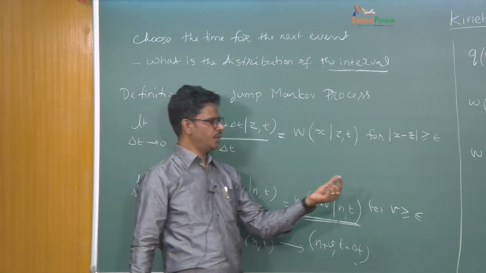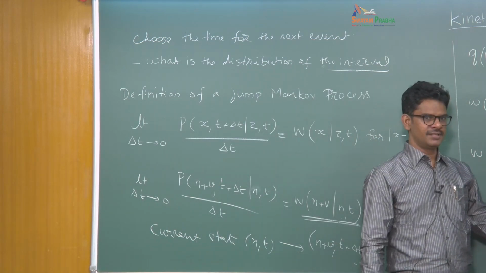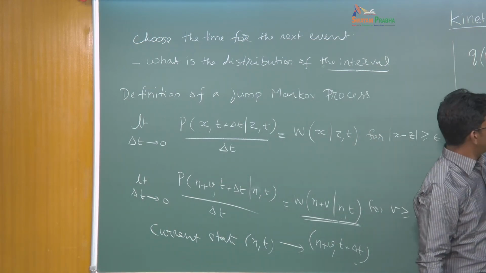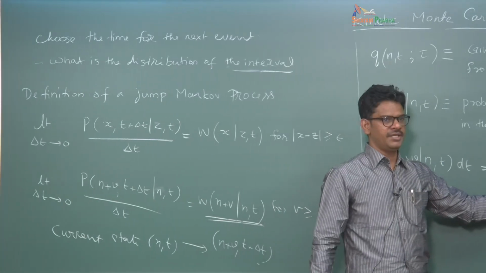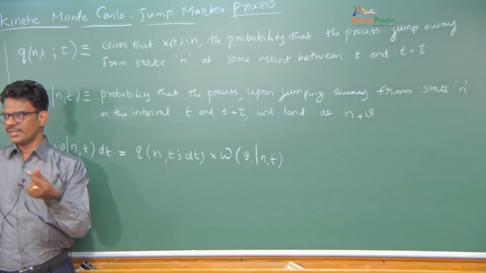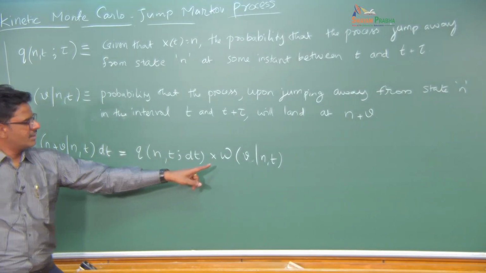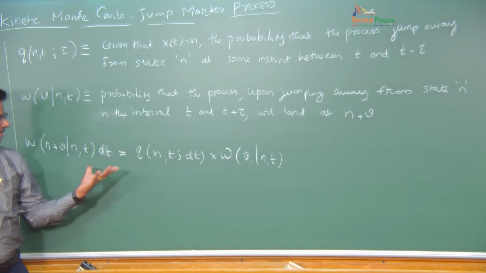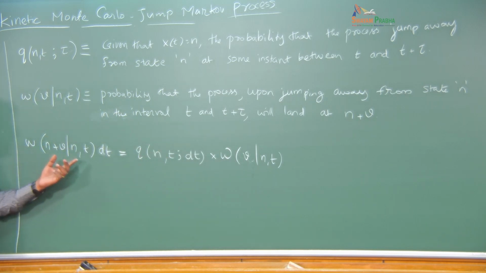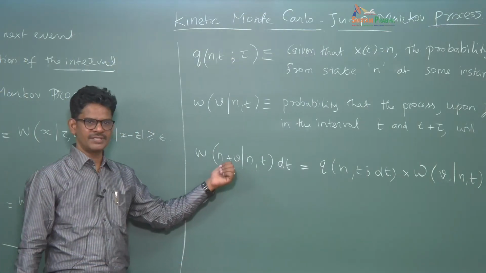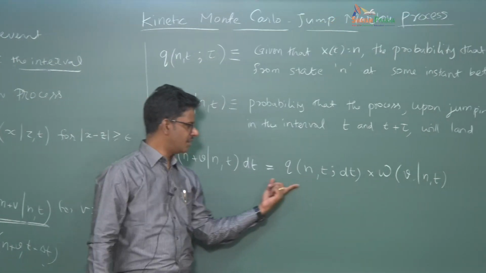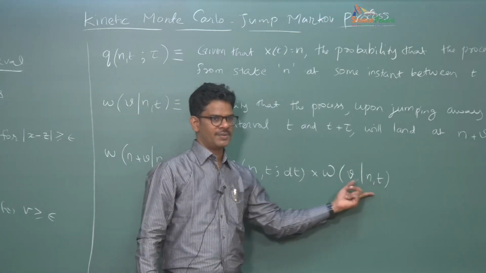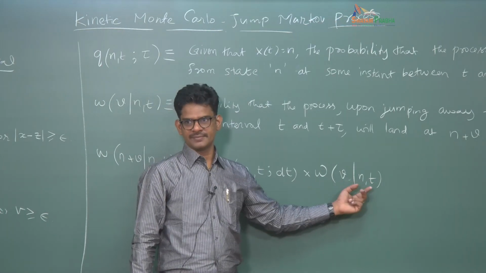I am taking delta t to be very small, so I write it in terms of dt. I have changed this tau into dt because I am looking at some small time interval dt here, and this remains the same. So the probability that the system is going to jump in the next time interval t to t plus delta t to a new state n plus v is given by the jump probability and then the landing probability, where exactly it samples that new space.